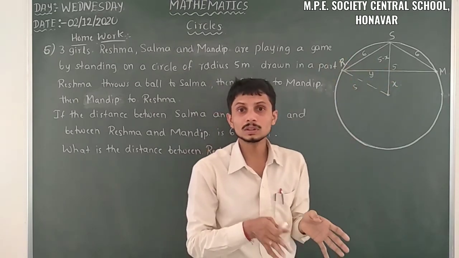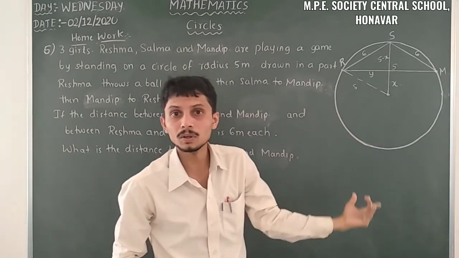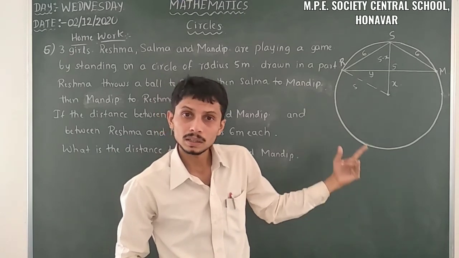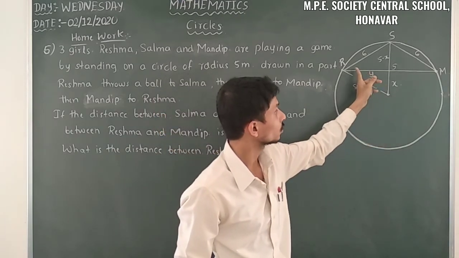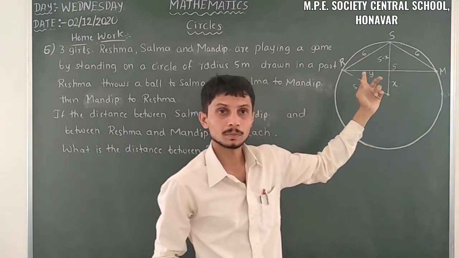From those two equations you can get the value of x. Substitute the value of x in any one of the equations, then you get the value of y.